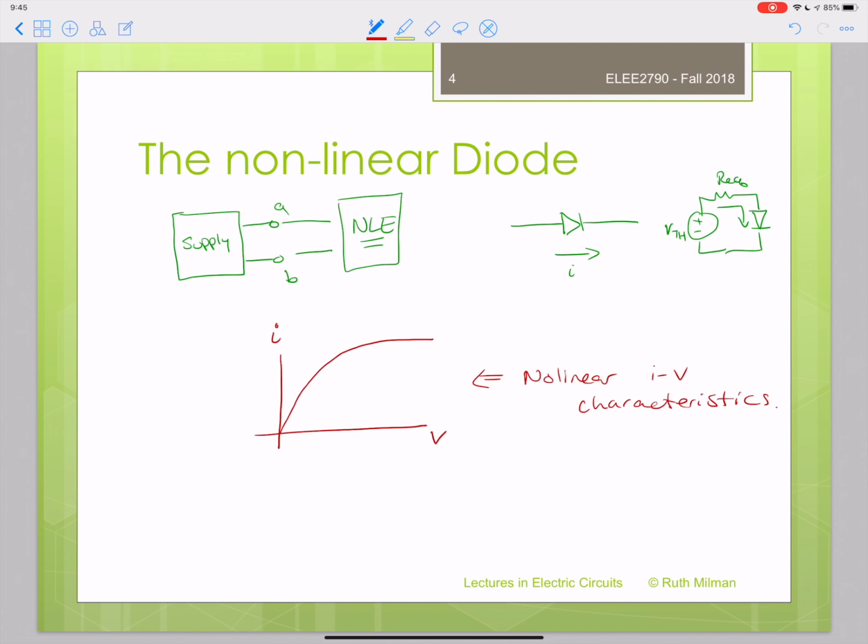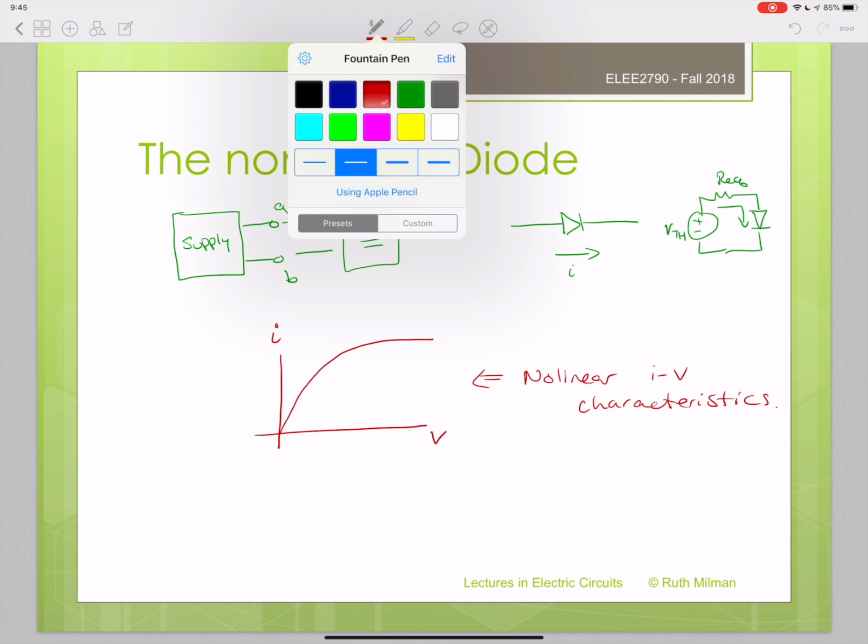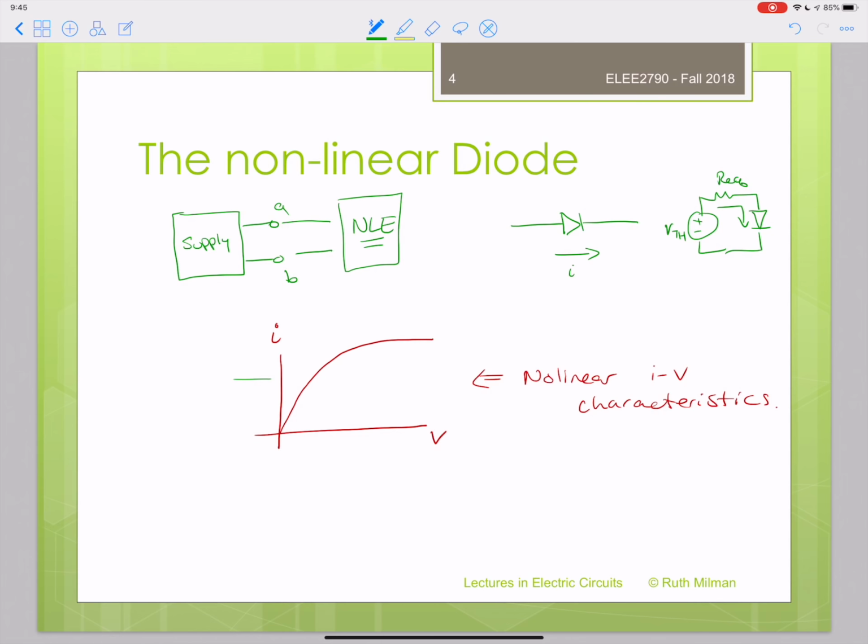And it's clearly nonlinear because it's not just a straight line, it has a curve, it flattens out. This curve completely describes the diode response. So what that means is that if you choose any given current, let's say you've got this current, and that's the current you put through the diode, the voltage across the diode will be the voltage that intersects based on this curve.